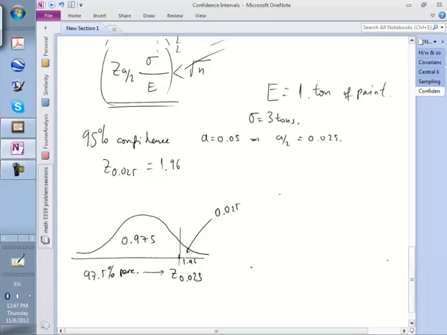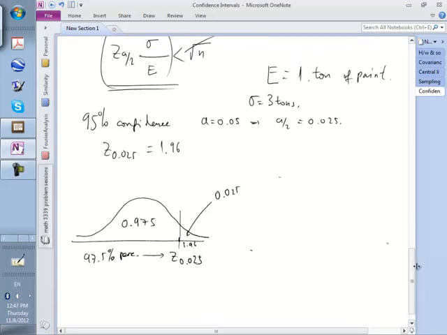So if I want to do this calculation now, what would that be? I would have 1.96 times sigma, taken to be 3, over E, taken to be 1, and that will be less than the square root of n.